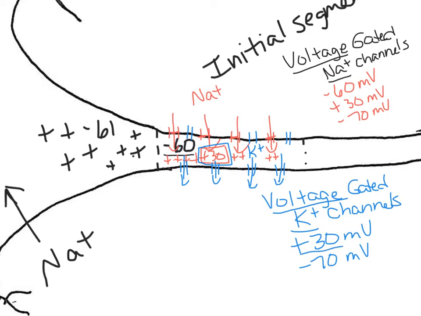It was at positive 30, so it goes down to positive 20, positive 10, 0, negative 10, negative 20, negative 30, negative 40, negative 50, negative 60, negative 70. So it moves the charge inside the cell from positive 30 all the way down to a negative 70, right? And at negative 70, the potassium channels start to close.